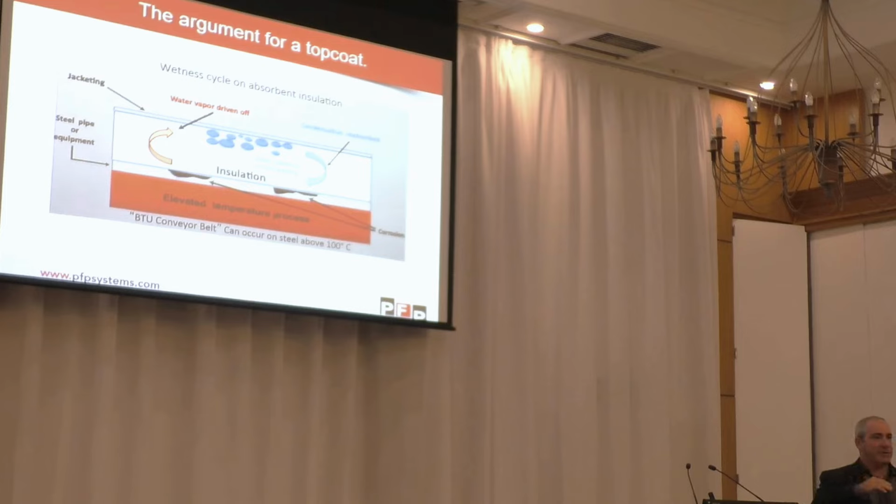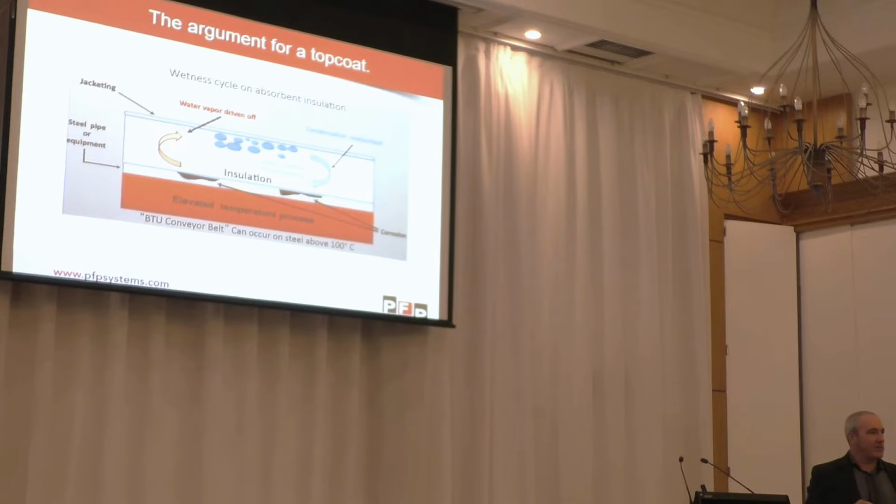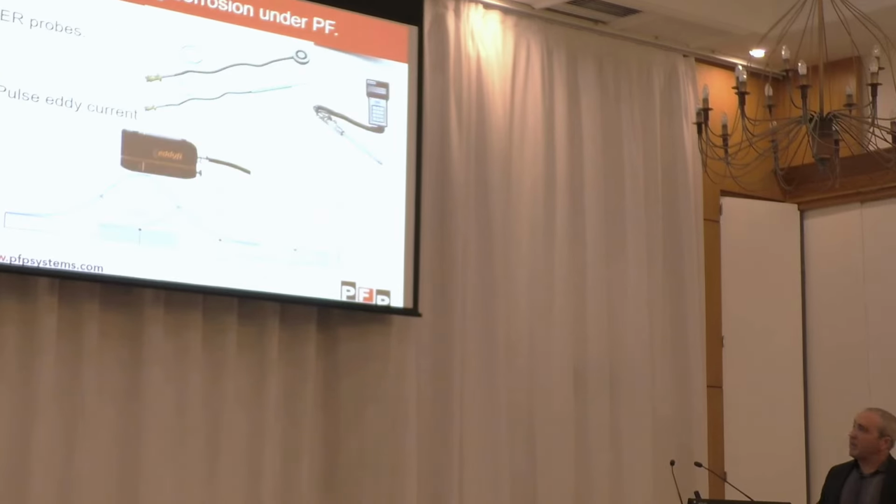So if we think about, instead of a fibre thermal insulation, we're talking about a passive fire system, and you put a top coat over, depending on the breathability of the top coat, and this is where experts like Jeff come in, we could end up with the water being trapped in, and then during heating and cooling cycles actually causing more damage. But we can keep an eye on these sort of things through the use of corrosion probes, for example, if you want to put something permanent, or a pulse current system to identify if you've got any corrosion happening.